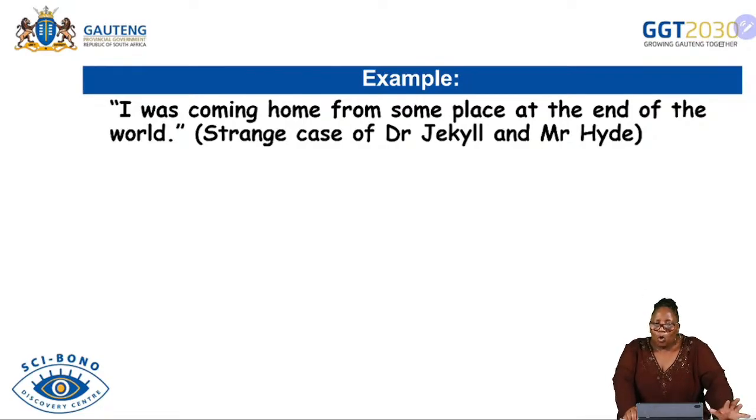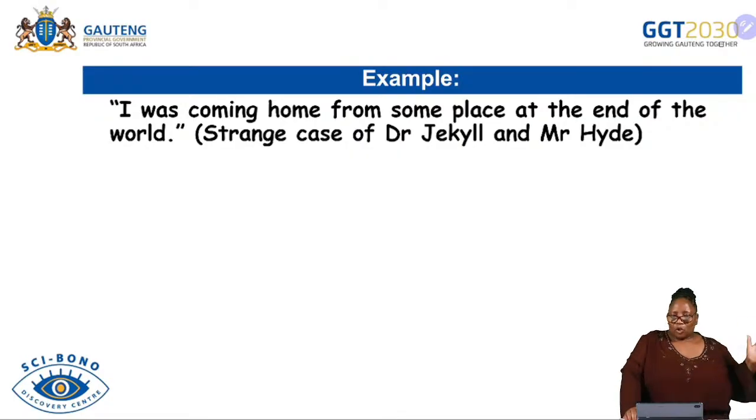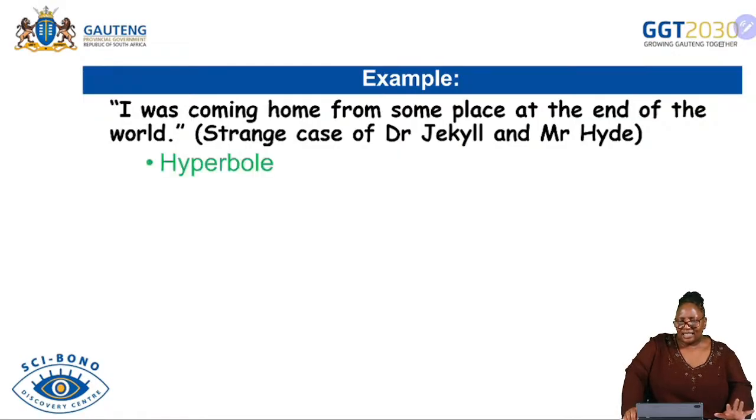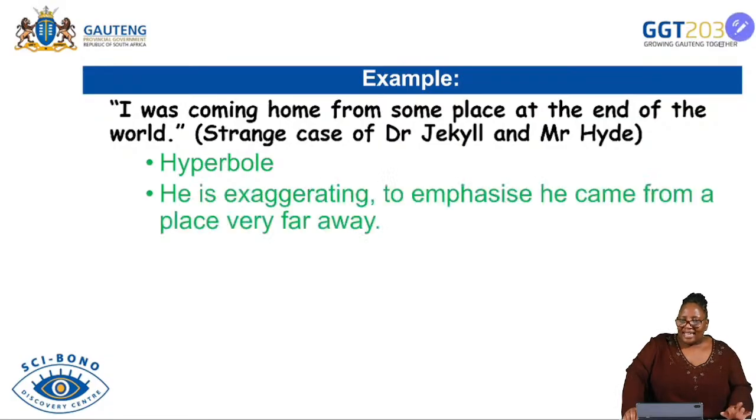Let's look at an example here. I was coming home from some place at the end of the world. That's an exaggeration, isn't it? Some place at the end of the world. It's a hyperbole.